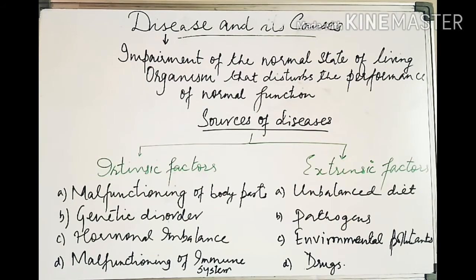Third is environmental pollutants, like the many chemicals that go into the atmosphere because of vehicles or industrial effluents. If they enter a human body, there can be various diseases. Similarly, there are drugs. Be it tobacco, alcohol, or narcotic drugs, we see there is a great impact on the health of a human being.